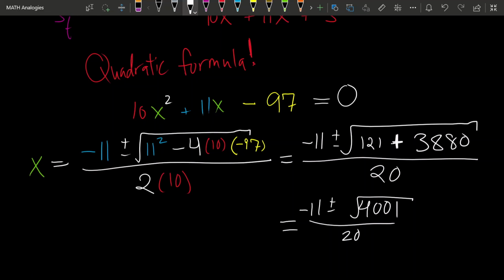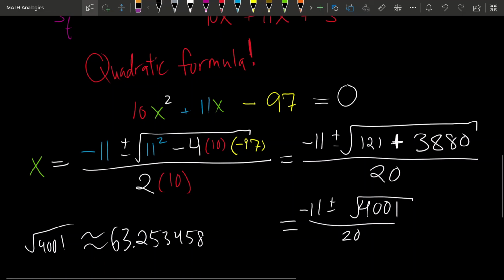We try to type it in, and unfortunately, the square root of 4,001 on a calculator will roughly tell you 63.2534558, maybe some other stuff. So this doesn't simplify in a nice way, so that's alright. What's important is we do have the exact answers.